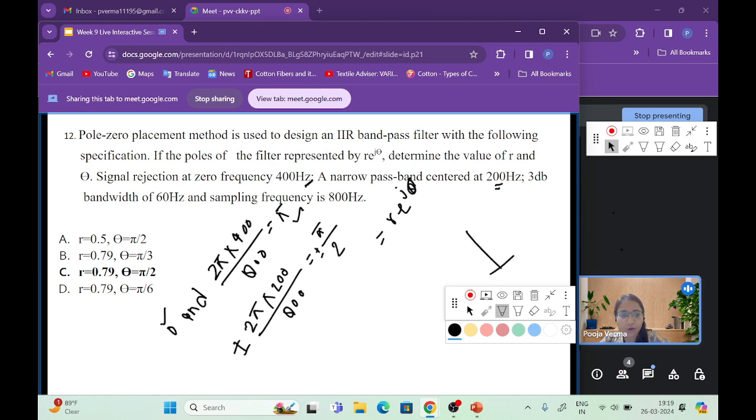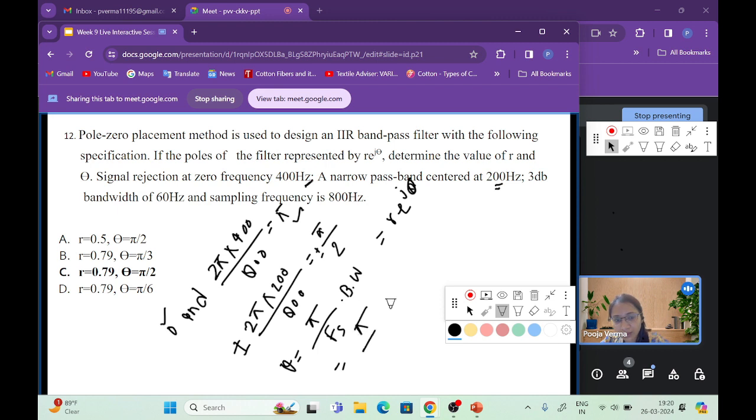Now we need to find out how theta is related to the bandwidth. I hope all of you have gone through the figure in the lecture video where the bandwidth and other things are determined. To find out that value, there is one formula: pi divided by fs, multiplied by the bandwidth.